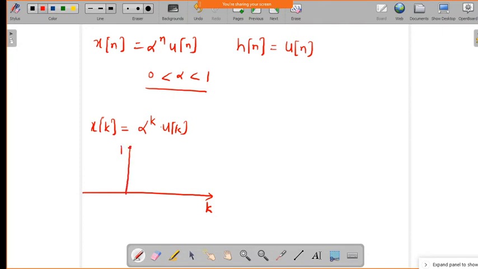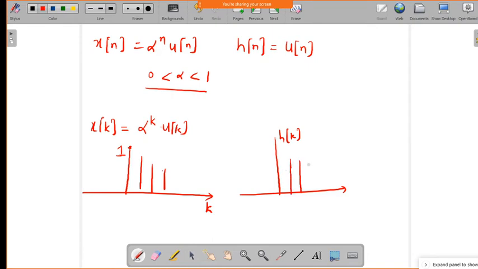So this is 1, and this signal goes on decaying. Now take h of n minus k, where h of k is the positive sided signal.